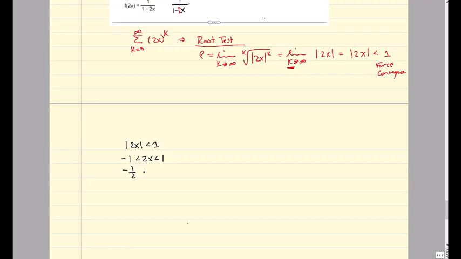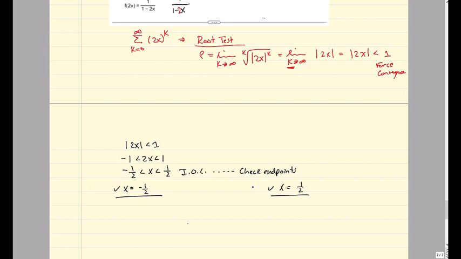Divide through by 2 and I have -1/2 is less than x is less than 1/2. So this is my interval of convergence, but I have to check the endpoints before I can say it's my official interval of convergence. So let's go ahead and check x equal -1/2, and let's go ahead and check x equal 1/2.